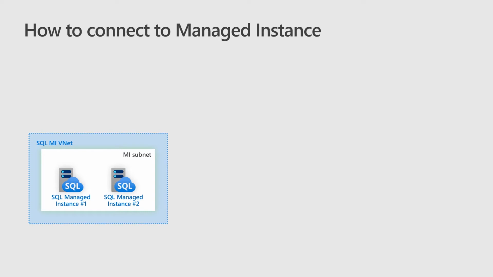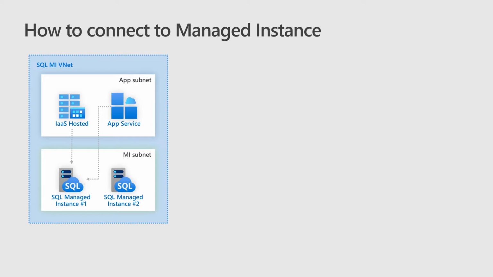So you are starting with a SQL MI VNet and with managed instances within the MI subnet. So the first logical choice would be to place your application within the same VNet, just in another subnet, and you still have a choice of way to host it, be it App Service or IaaS-hosted options like VMSS, VM, and so on.